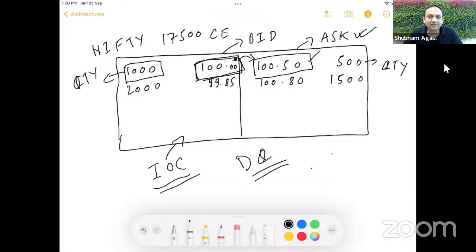So let's summarize what we have learned so far, so that when we see those charts and that data, we are at least clear with the concept. The concept is very simple. It is based on demand and supply. How much is the demand, how much is the supply is all we are trying to understand. How are we doing that? By identifying whether the buyer is aggressive, which will mean that trades are happening at the ask price, or whether the seller is aggressive, which means the seller is reducing the price and is willing to sell, so the trades are happening at the bid price.